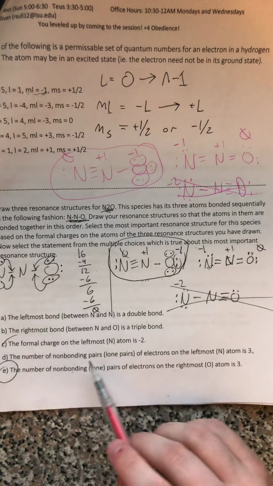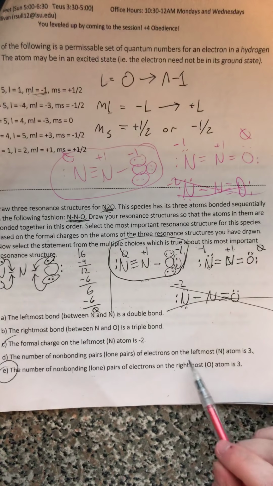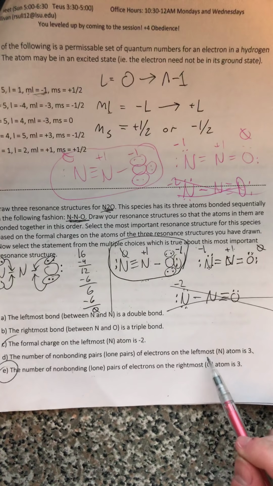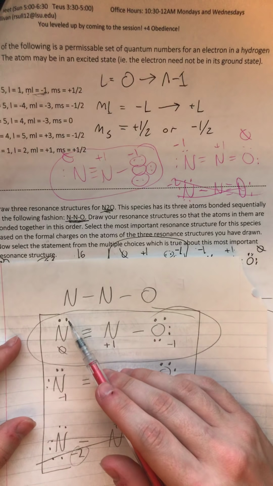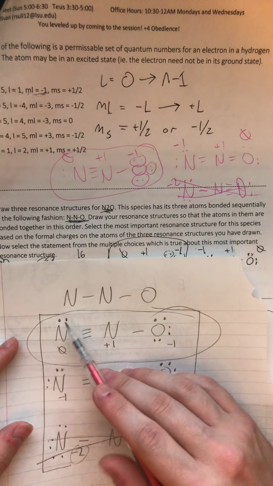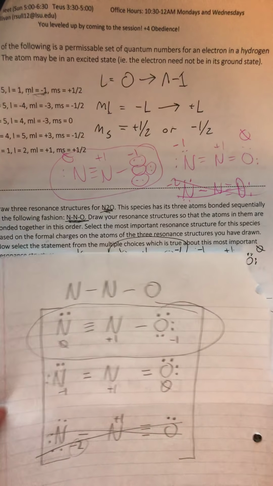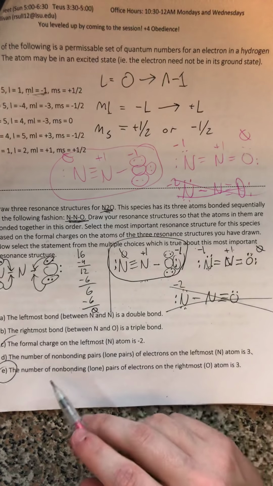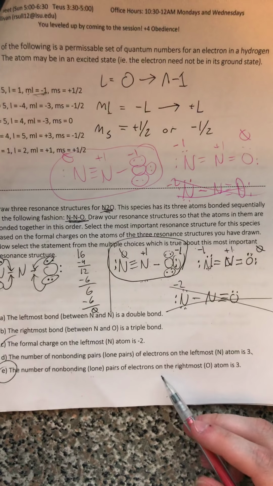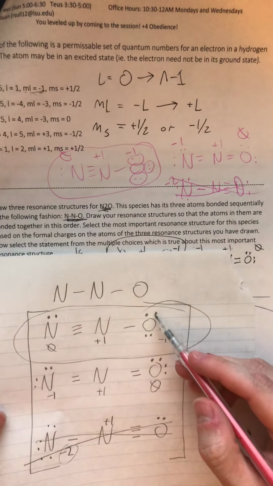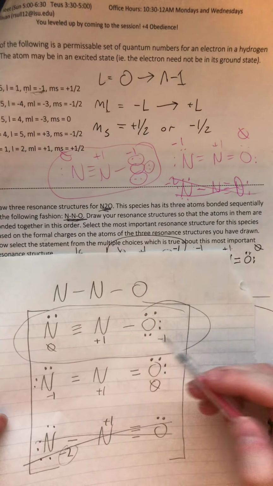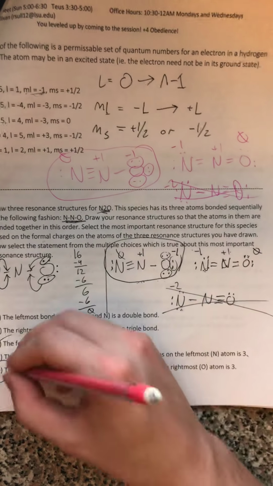The number of non-bonding lone pairs of electrons on the leftmost N atom is 3. No, this has 1 lone pair. Then the number of non-bonding lone pairs of electrons on the rightmost atom is 3. So 1, 2, 3 pairs. Yeah, that sounds about right to me. So I would go with E.